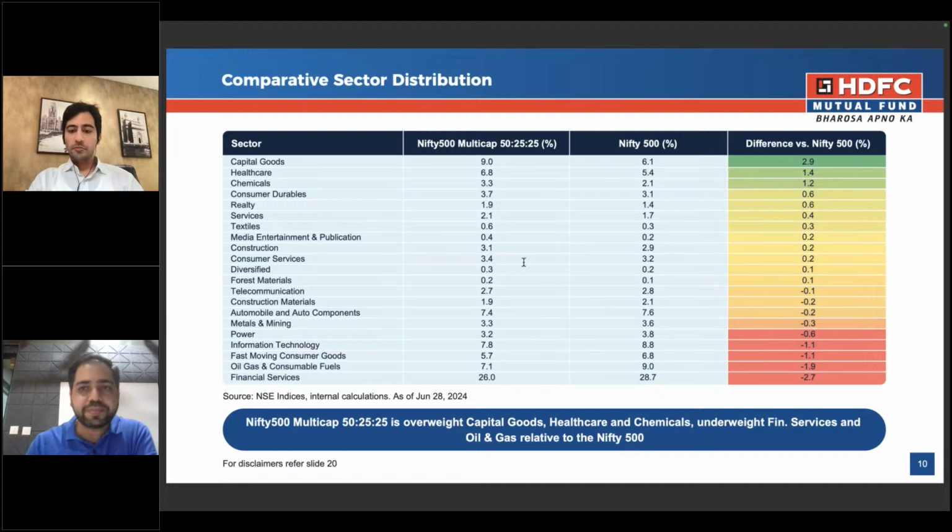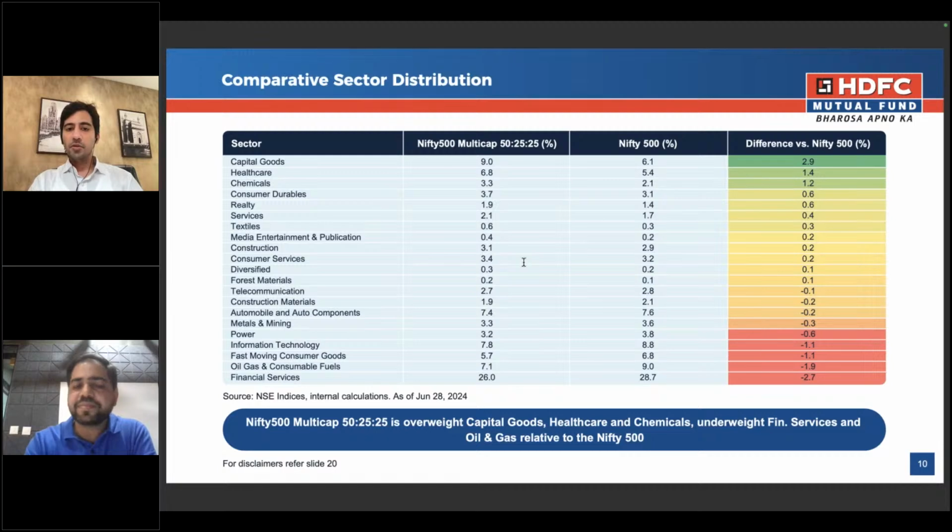So see, I think one conclusion we can make is that because this multi-cap index is diversified across so many sectors, you don't have to be too concerned with what will happen in an individual sector, because one sector will not be driving the returns completely.